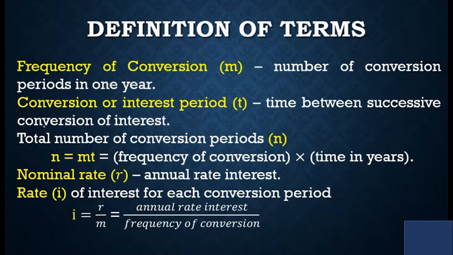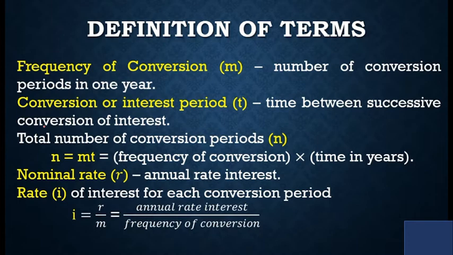Total number of conversion periods N equals M times T, the frequency of conversion times time in years. The nominal rate, the annual rate of interest, is R. The rate of interest for each conversion period, i, equals R over M.